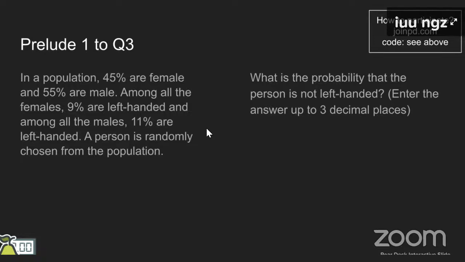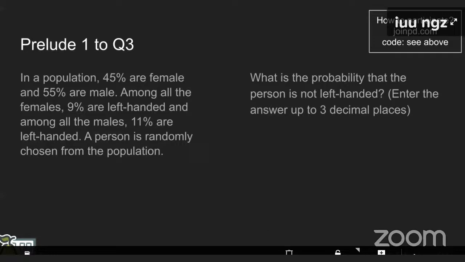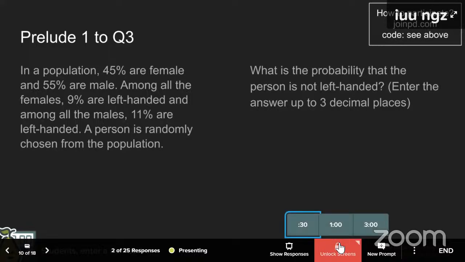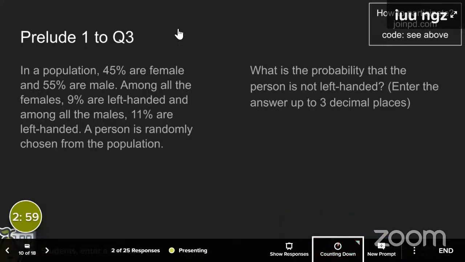And from all the males in the population, 11% are left-handed. Now, when you randomly pick one person from the population, what is the probability that the person is not left-handed? Many of you would have already guessed how to find this. Let's give this some time and we'll discuss the solution later.